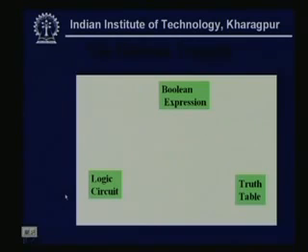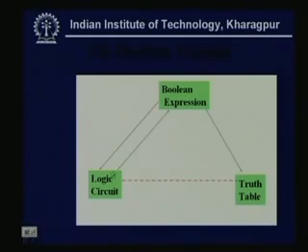Now, last day we have seen some Boolean expressions, that means given a digital design to be built up, first we have identified some of the expressions, or the truth tables. We have seen how the truth table can be built up from the Boolean expressions, and again from the Boolean expression the logic circuits can also be built up.